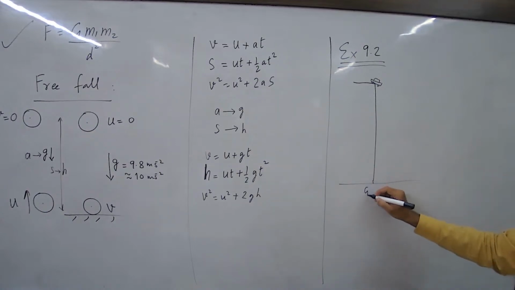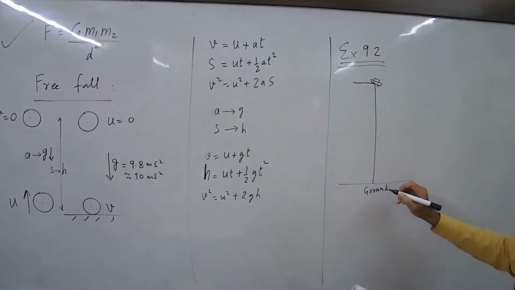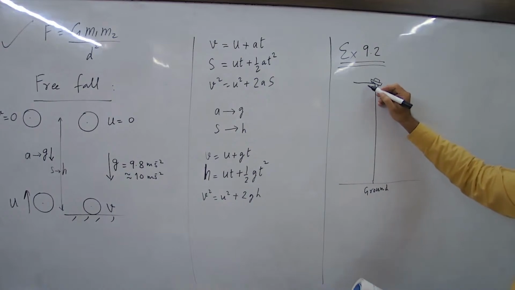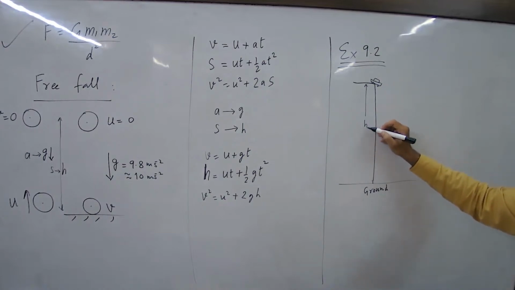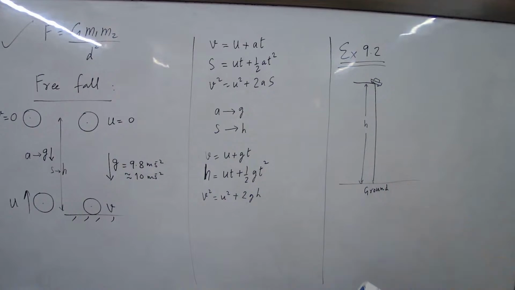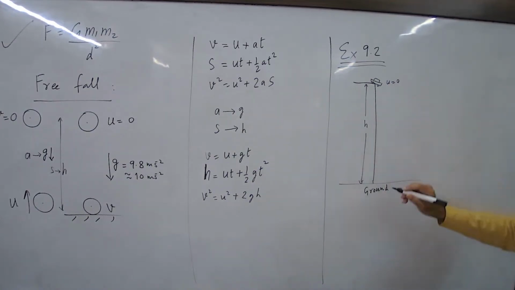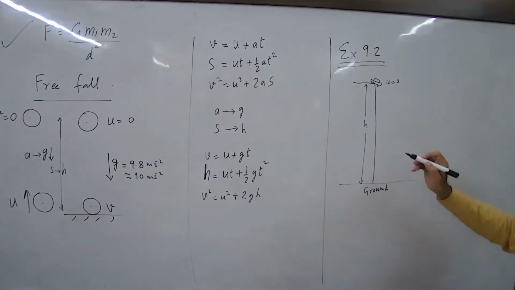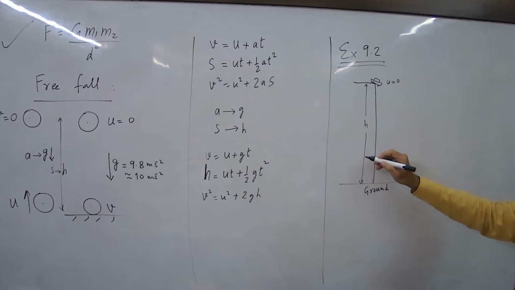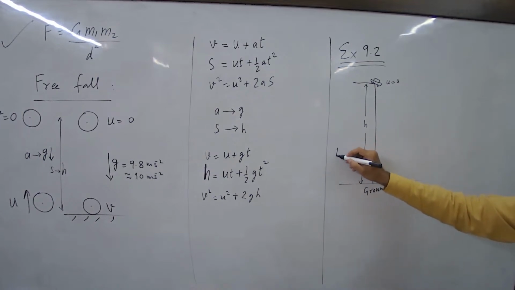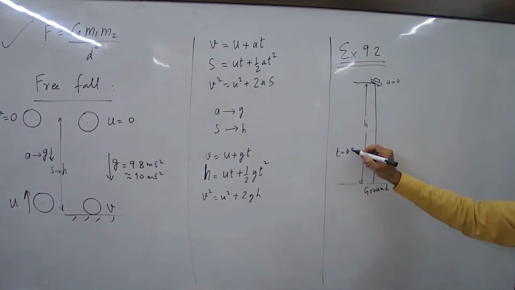This is ground. Ground meaning earth. So this is the vertical distance. So what will be speed at the top? 0. So the time it takes to fall is t is equal to 0.5 seconds.